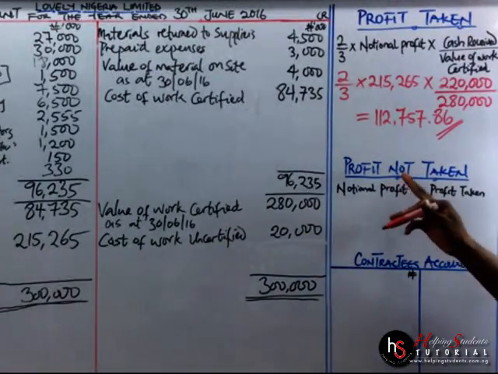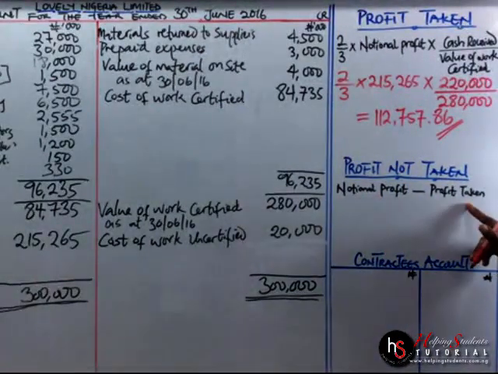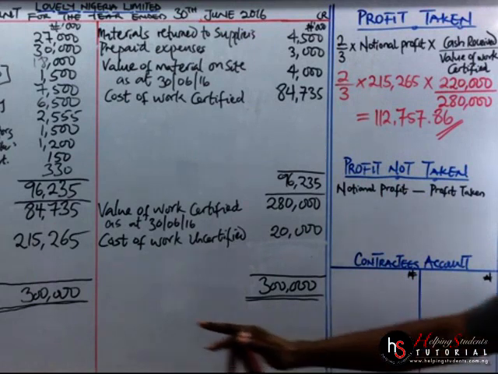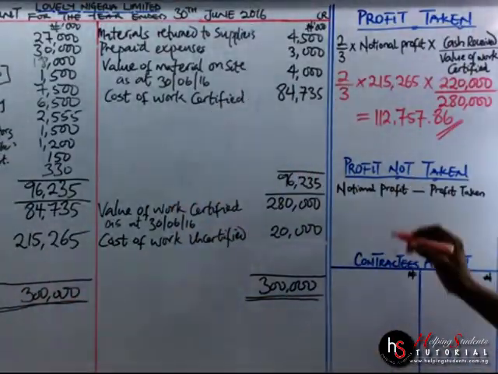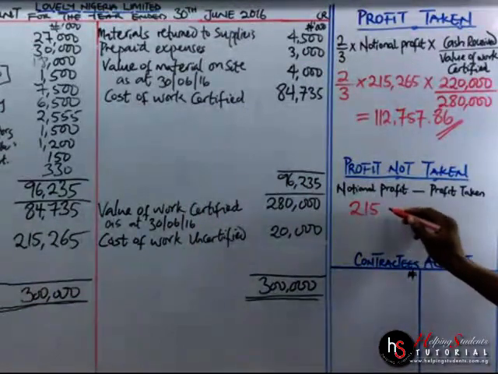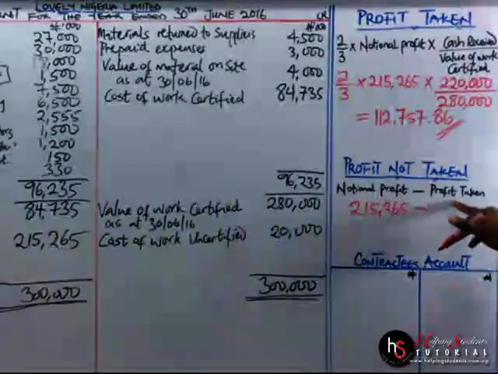So let us determine the profit not taken. Now we'll also come with the formula: notional profit minus profit taken. The notional profit is how much? Notional profit, remember, we had 215,265 minus profit taken.